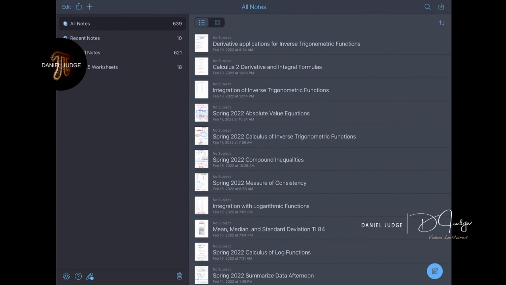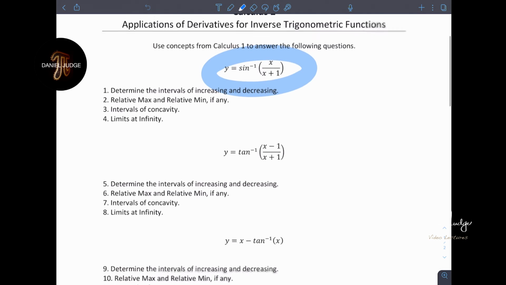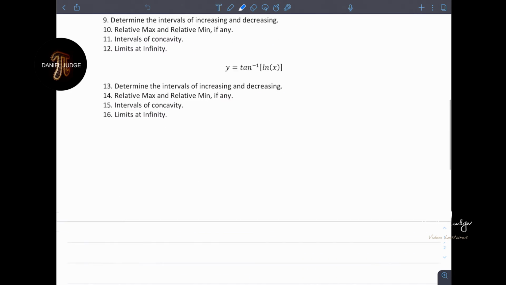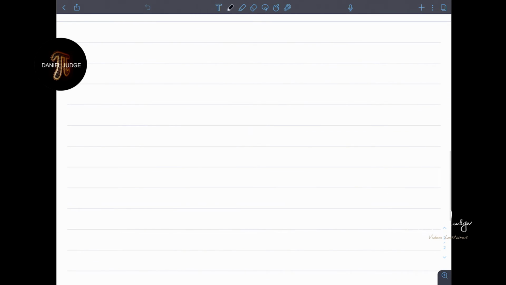Now, here's what we can do. So here's our curve. It's inverse sine of x over x plus 1.